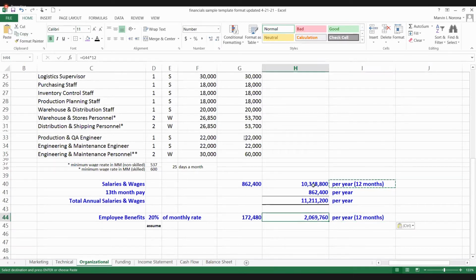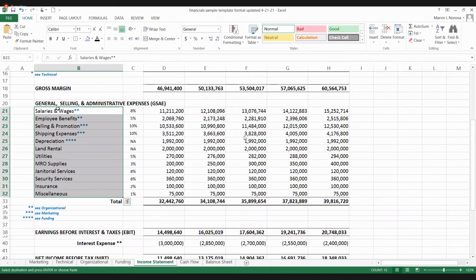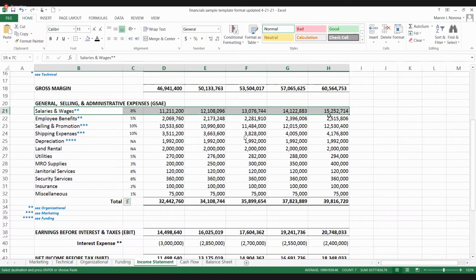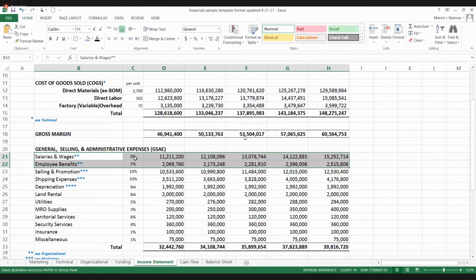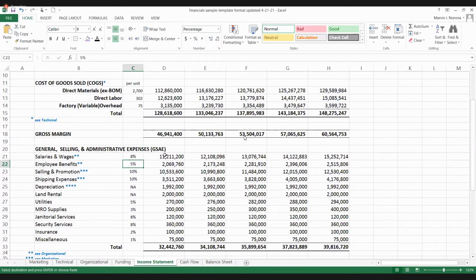Okay? So itong mga cost nito, lilitaw yan dito. Yung dalawang yan. Lilitaw yan. Okay? Then put in the inflationary factor or increase, 8%, 5%. Yan. Nandito yan. So gawin niyo sa salaries na wage. Pwede niliitan, depende kung anong gusto niyo.